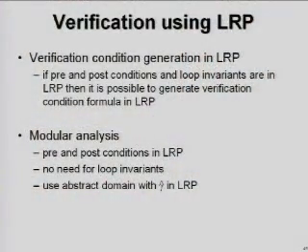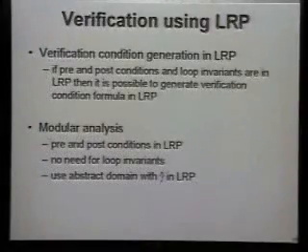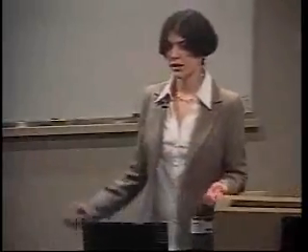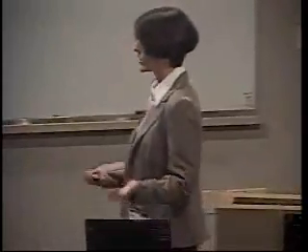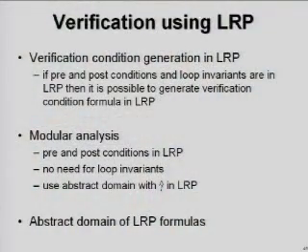Okay, so we can generate verification conditions in LRP if the pre and post conditions are in LRP. We can do modular analysis if we can define gamma hat in LRP for an abstract domain, and for a certain set of instrumentation predicates for canonical abstraction we can do that. And this is more future work.